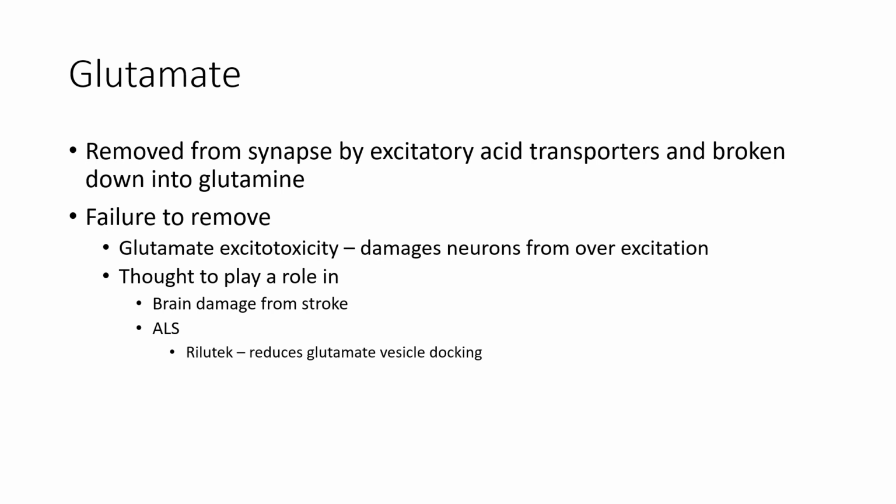So the little vesicles that we took a look at earlier that hold the neurotransmitter, those vesicles that are holding glutamate, if you're taking Rilutek, they don't ever actually get to the presynaptic membrane, or the sending cell's membrane. And because they don't ever get to that membrane, they can't be released into the synaptic cleft.